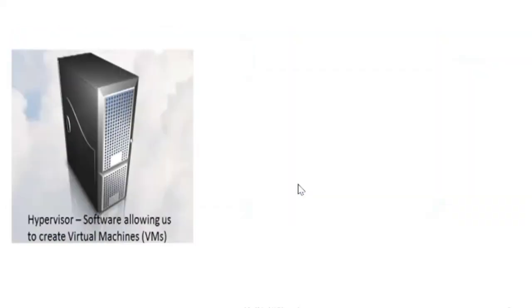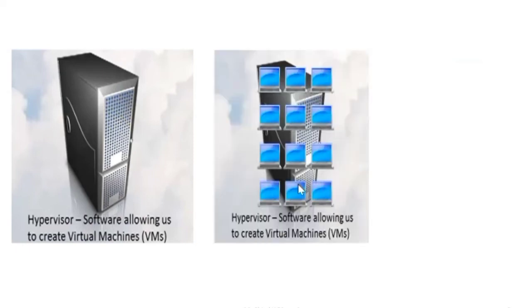So again, this is your physical server. Now this is the actual physical server, and you want to use all the computing services of this physical server. So for that you will install a piece of software which is called a hypervisor. Now with the help of this hypervisor, you can install multiple virtual machines on it. मतलब here consider करो कि ये आपका physical server है, and on that physical server I have installed 12 machines.